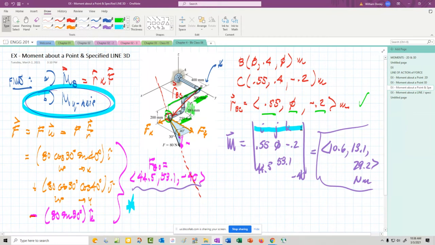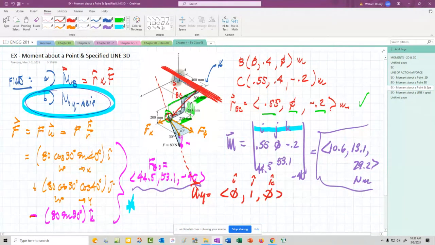The y-axis corresponds to 0, 1, 0. 0 in the I, 1 in the J, 0 in the K. That's essentially the unit vector for that. So if I wanted to find a moment about this axis, I'm basically trying to find out how much spin or moment is set up about that axis, plus or minus.